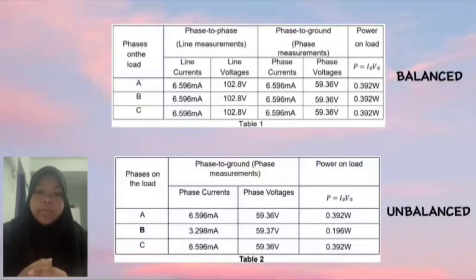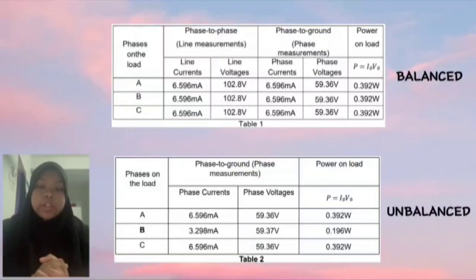So for this lab, we use 9000 ohm resistance load for balanced load, but for unbalanced, we change one of the phases from 9000 ohms to 8000 ohms load resistance. So we can see the current is different for unbalanced load, but for balanced load the current is the same because the resistance load is the same for all phases.